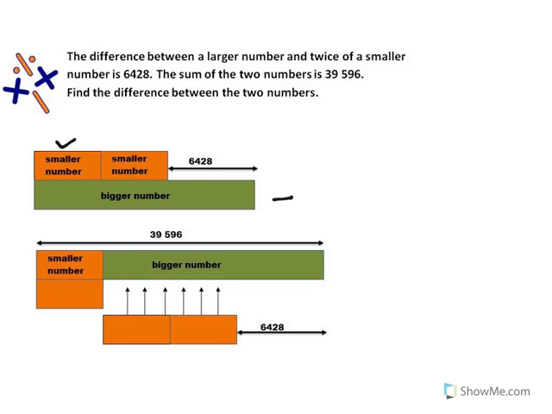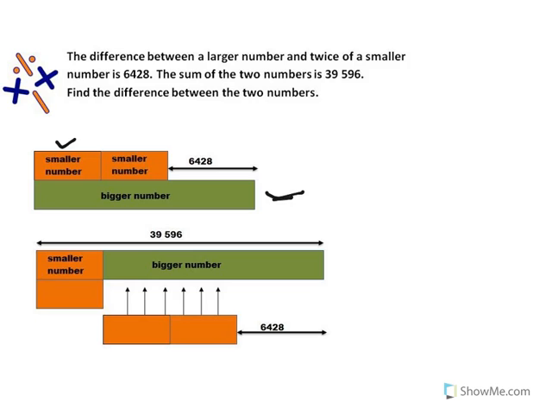So we take 2 times the smaller number and add 6,428 to the two smaller numbers, we get the larger number. Because the difference between the larger number and twice the smaller number is 6,428. So if we take 2 times the smaller number and add 6,428, we get the bigger number.